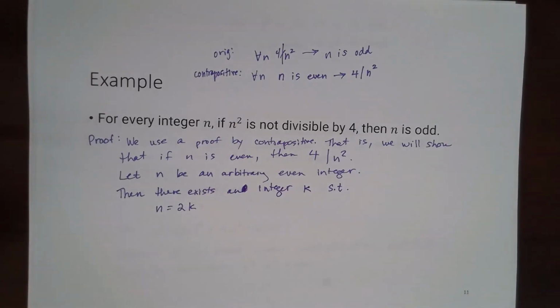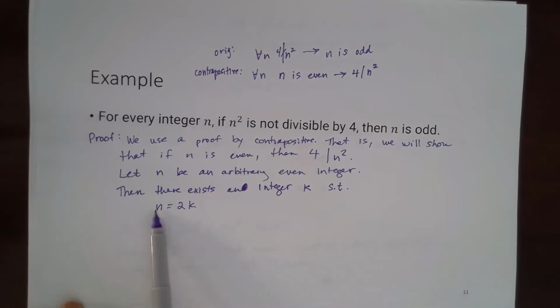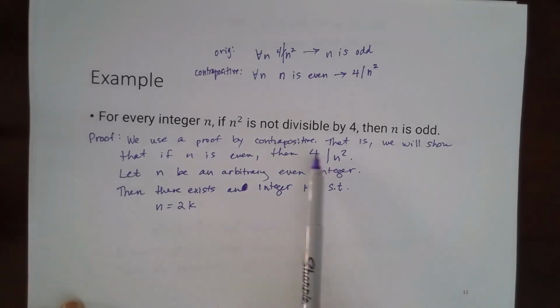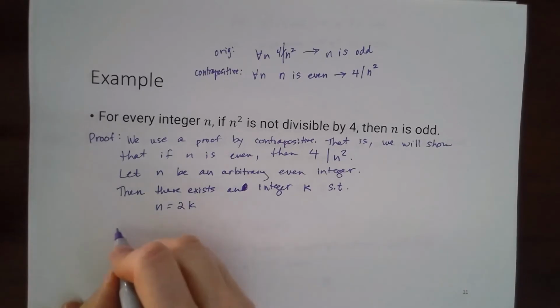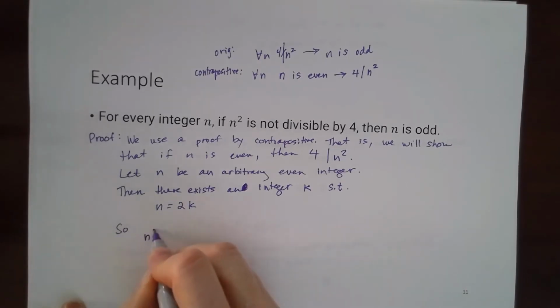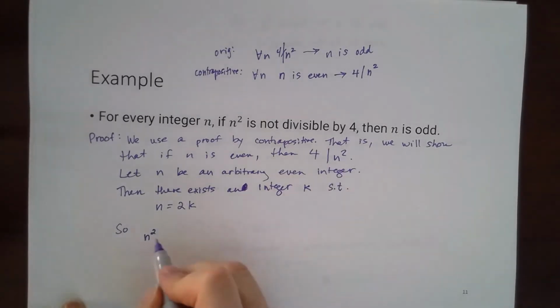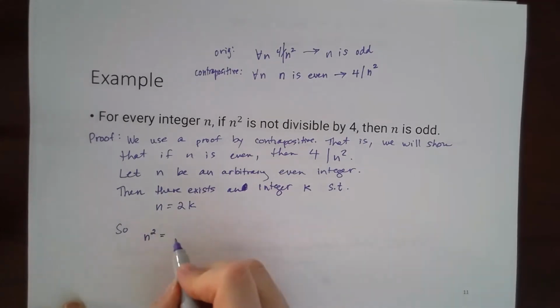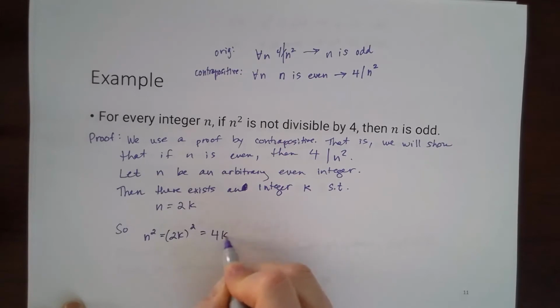So n is even, there's got to be a k that makes that true. And now, once we know that, we need to make a connection between this statement and this statement. So we're hoping to get something about n squared. So we need to think about n squared. So n squared is equal to 2k squared, which equals 4k squared.